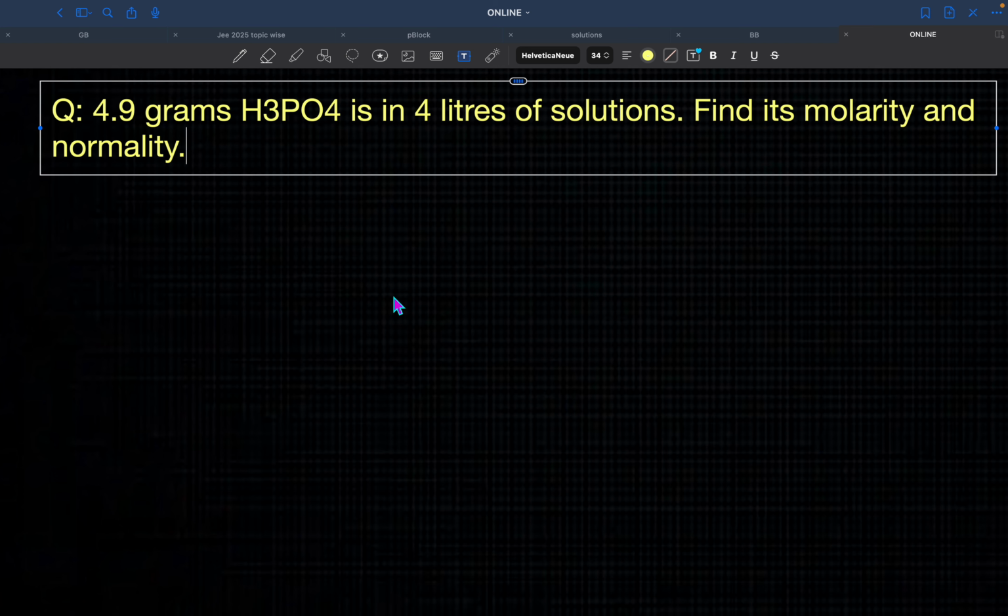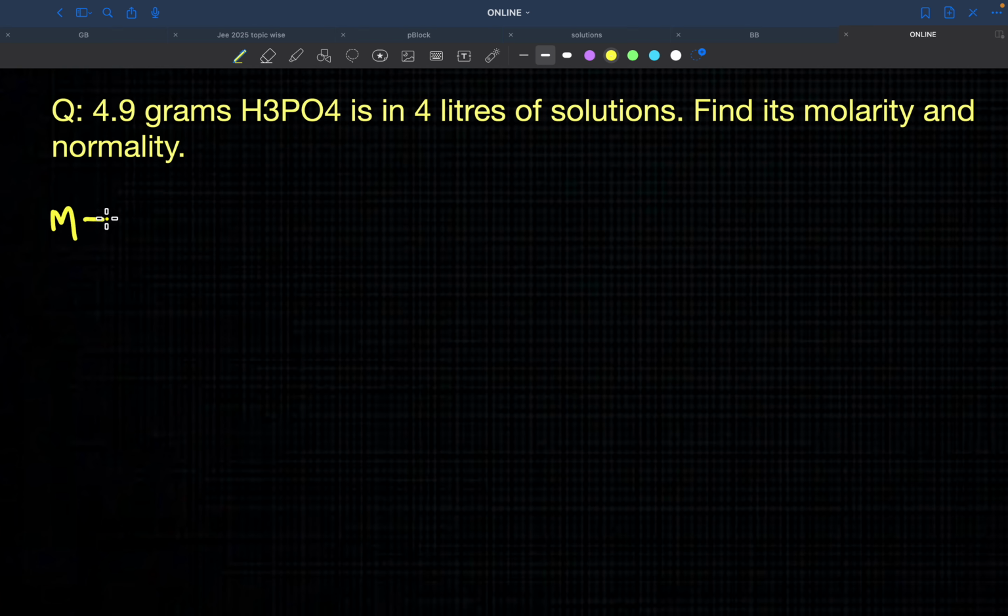Molarity is 0.0125 and normality is 0.0375. Okay, we'll check it. We will see, molarity equals 4.9 by 98 into 1/4.